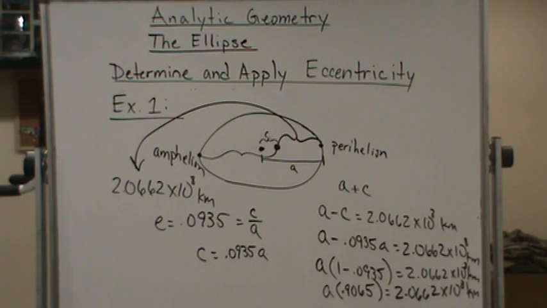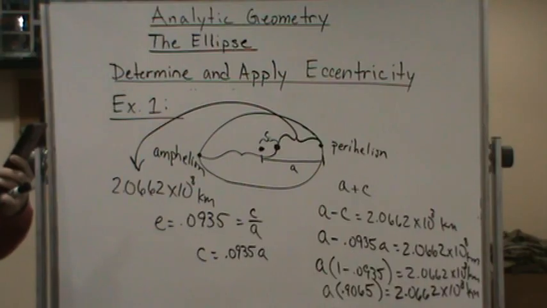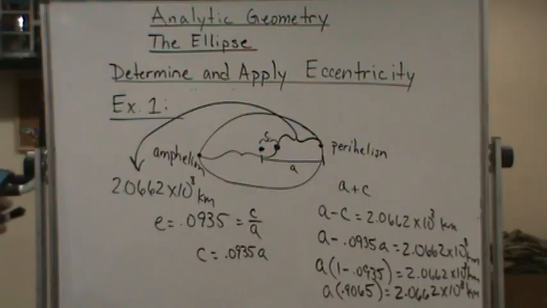All right, so bear with me. Okay, so on my calculator, I'm going to take 2.0662 times 10 to the 8th kilometers, and I'm going to divide by 0.9065.